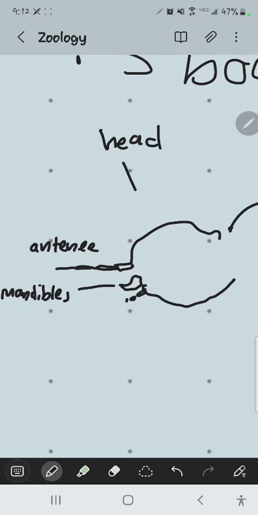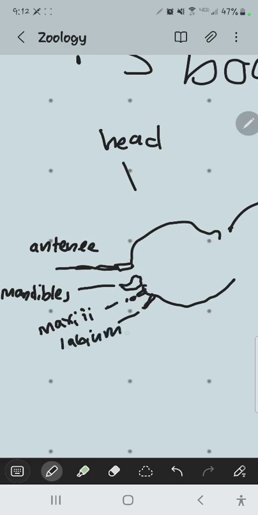and then the second maxillae is actually modified as a lower lip called a labium. I can't really ask you that on a test because it's so hard to pin and identify. It's really specific to entomology.